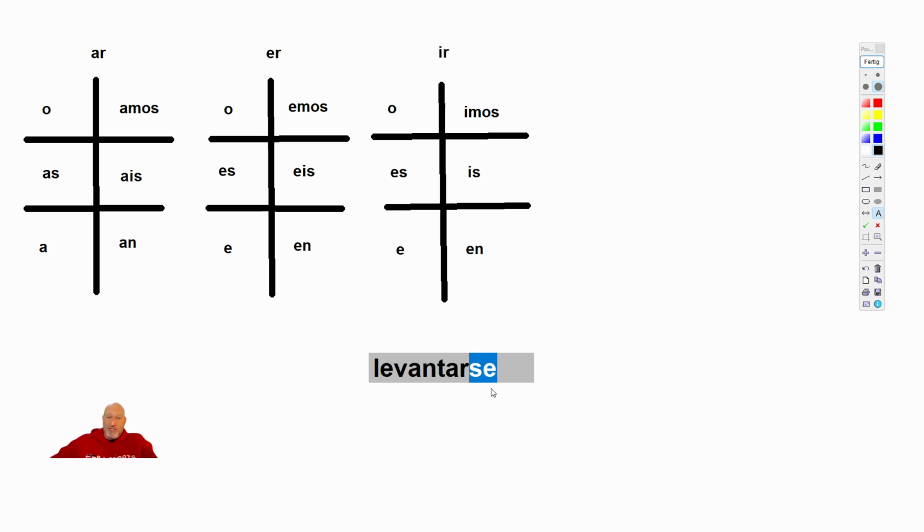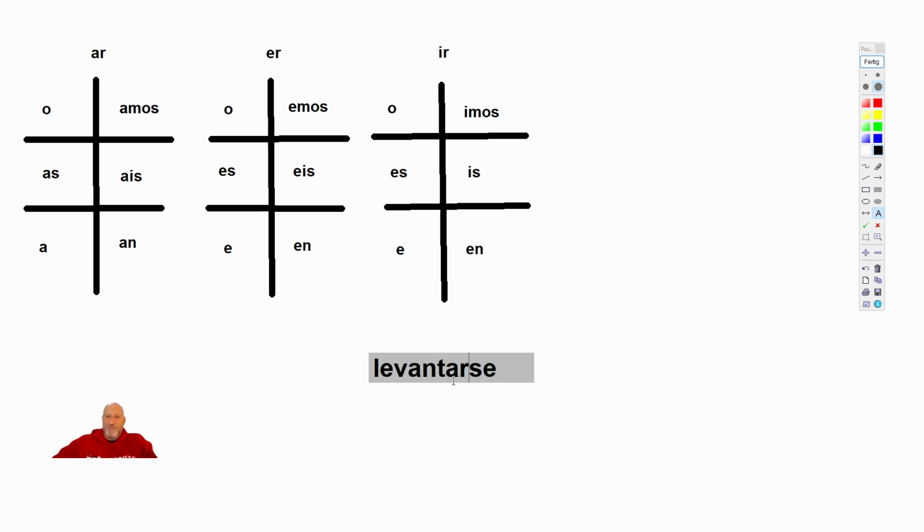But if you think about it, it's basically a normal verb, levantar, and I have attached an SE at the end, just to differentiate it from a normal verb. That SE is telling us that the verb is reflexive, and that implies that the action is not going to be a normal action.